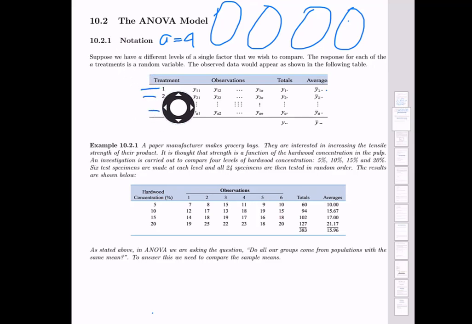So these are the observations. The first row is y11, y12, up to y1n. Those are the observations of the first group or first sample. The second row is the observations of the second population or second group, and similarly for A groups. And y1 dot, what is the y1 dot?